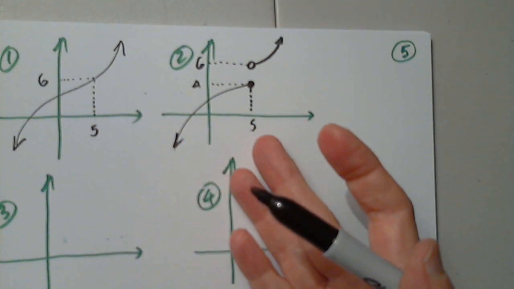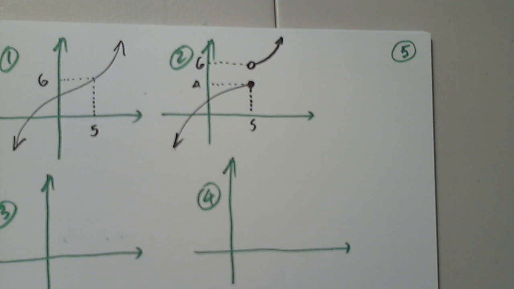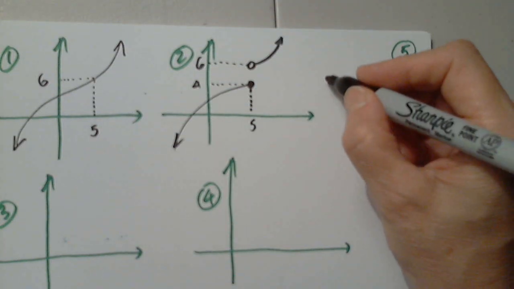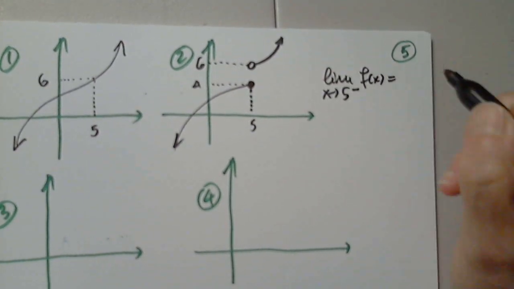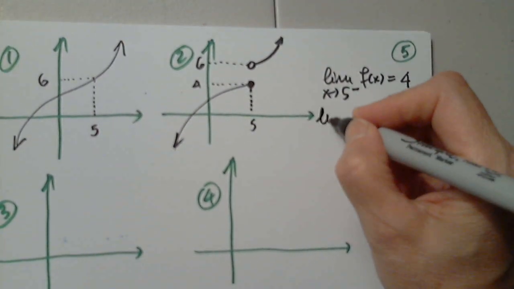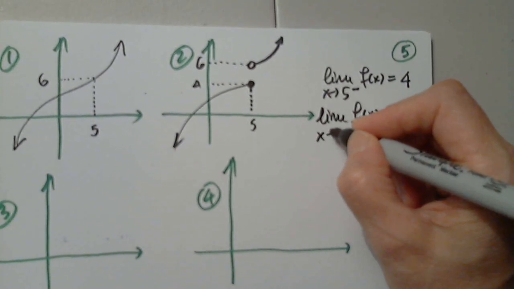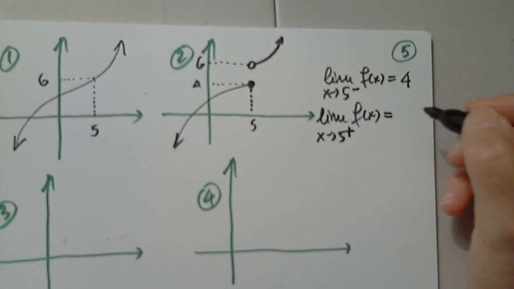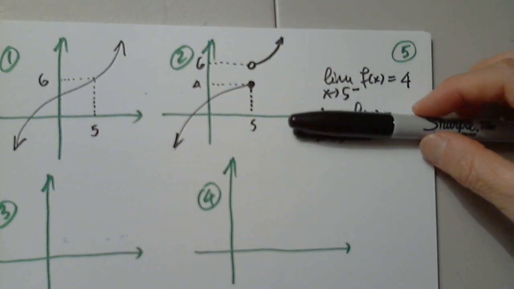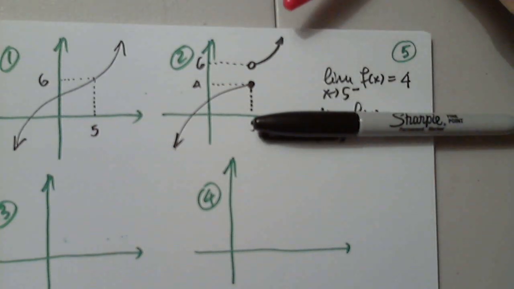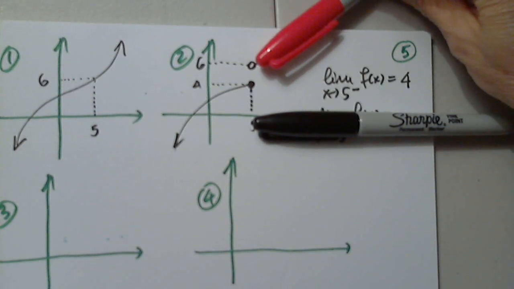The limit from the left of 5 is? Is that a 4? Excellent. The limit from the right? Would that be 6? Very good.